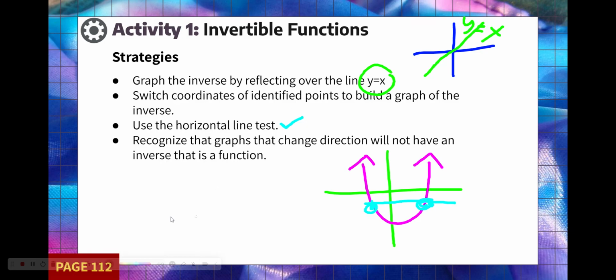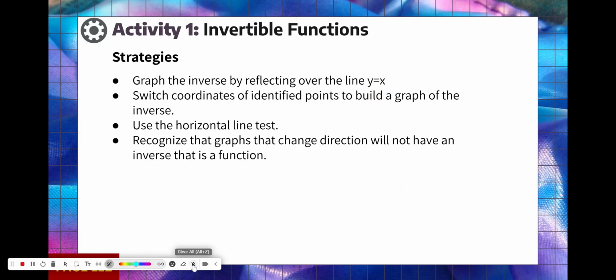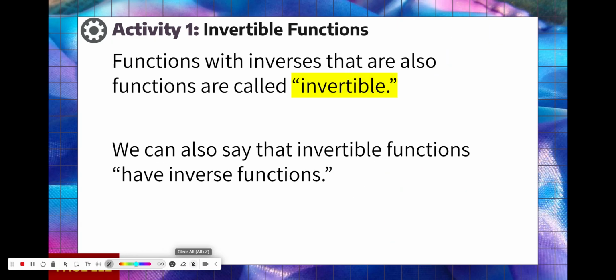Alright. Probably you will understand more of this once we go along with the next example. Just to make sure I give you a heads up of what an invertible function means: functions with inverses that are also functions are called invertible.